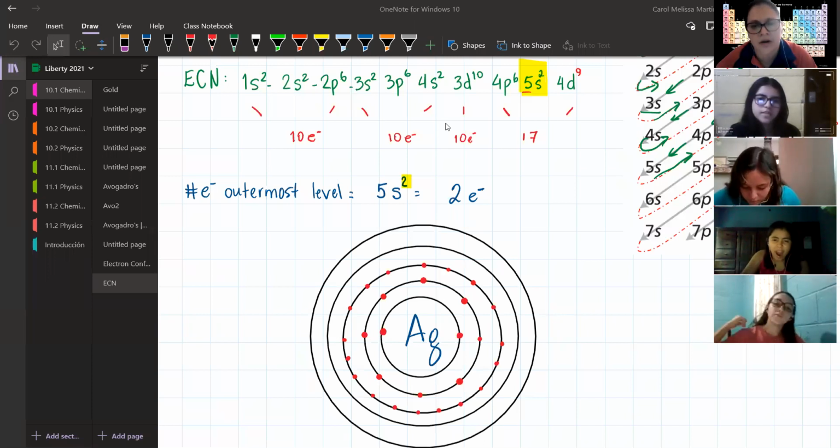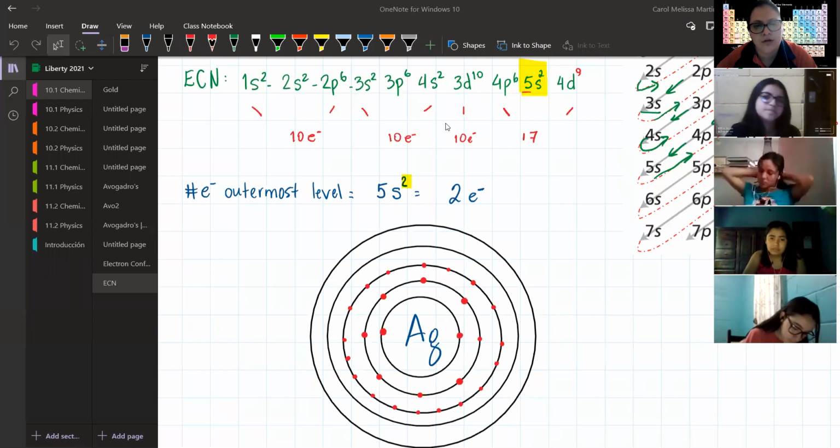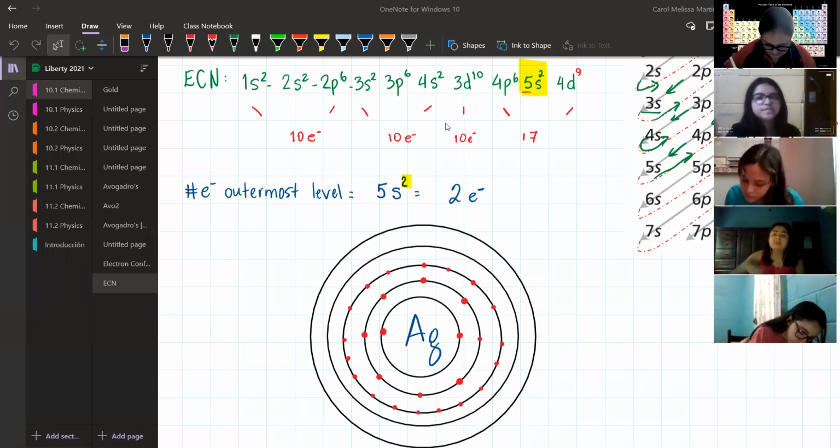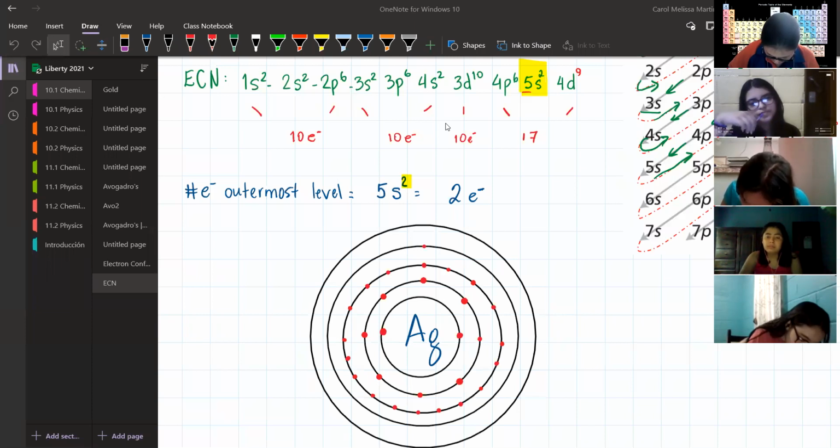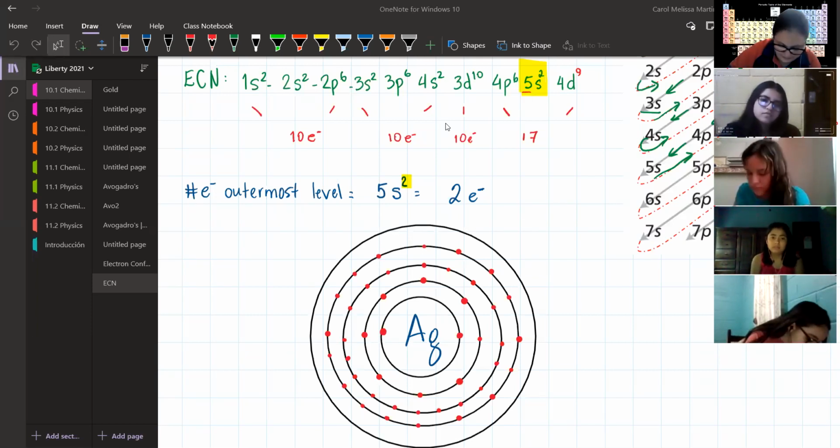In the ring number 4, how many electrons? 17. Another one. 15. And in the last one, in the ring 5, 2. Just 2.